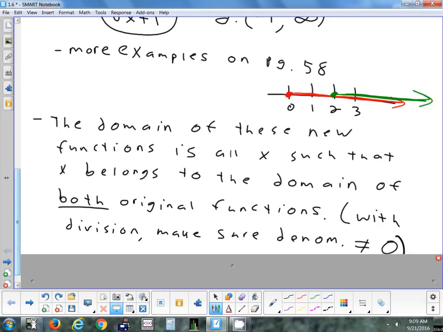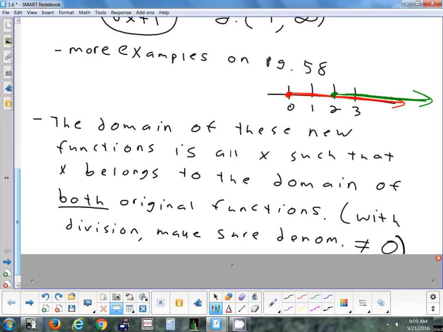So when I combine the red function and the green function together, I need to pick numbers that are in both domains. So where's the overlap here? Where are the numbers that would be in both the red function and the green function? 2 and up. Yep. So that would be the domain when I combine them together.